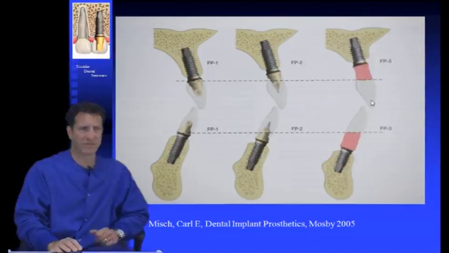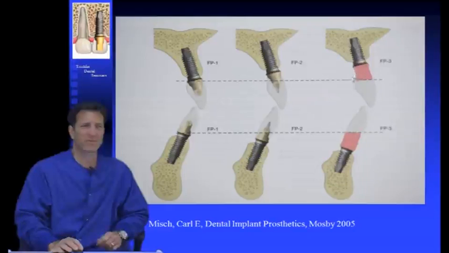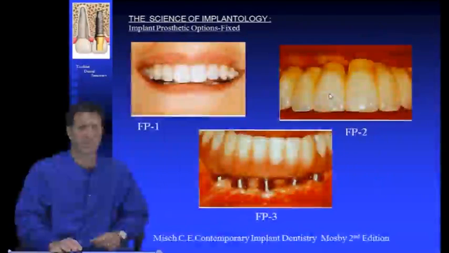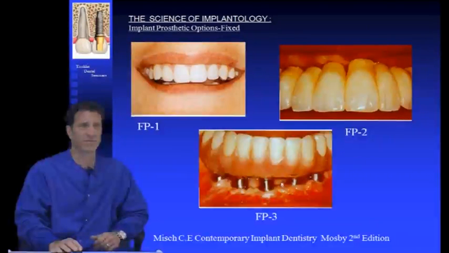So an FP3 situation are the high water bridges and situations that really aren't that ideal. I've been taught by Carl Misch, and I believe this, that we're much better off having a cement-retained restoration that simulates a natural tooth as closely as possible. So the fixed prosthesis depends on the amount of soft and hard tissue that are being replaced.